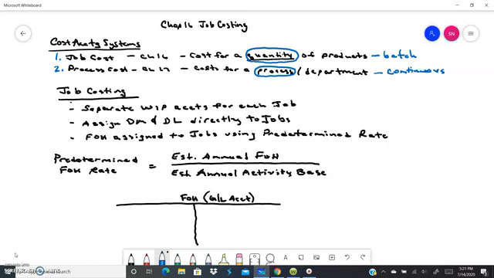Okay, so job costing in general, what we're going to be doing is, first of all, establishing a separate work in process account for each job. So we're going to have, for instance, job 1. We'd have a separate work in process account. Job 2.